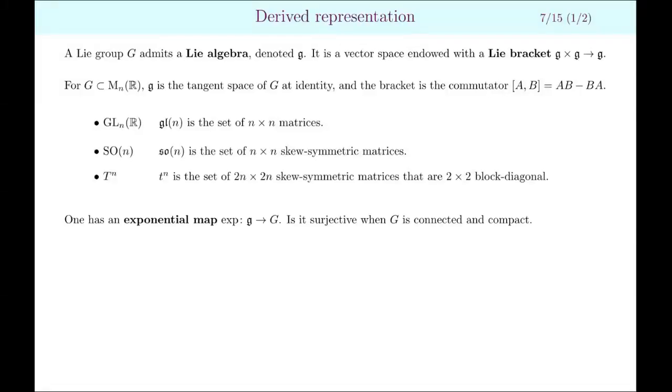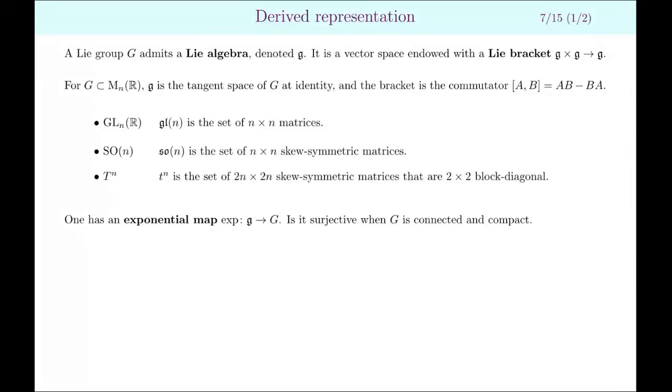So let me give a few examples. For GLN, the Lie algebra, the tangent space, will be the full set of matrices. This is because GLN is an open submanifold of the matrices, so its tangent space is the full space. For SON, this will be the set of skew-symmetric matrices. And the same thing for the torus, with a specific block diagonal form of the skew-symmetric matrices.